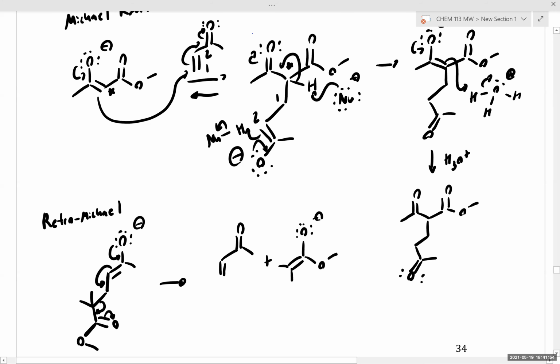Does this mechanism for the retro-Michael reaction, also known as 1,4 elimination, make sense? Perfect.